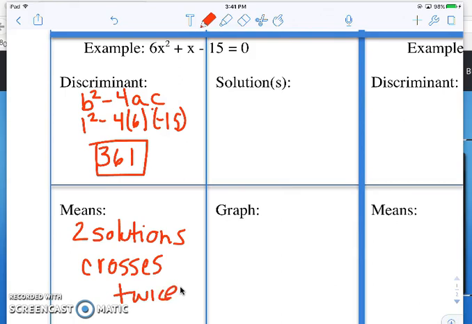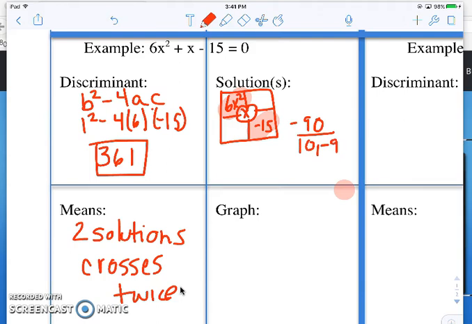So where are these solutions? So let's see, we can do a box and circle again. We'll see if this one's factorable. 6x squared, we could do the quadratic formula too. So if we multiply this, 6 times negative 15, so that gives us negative 90. So let's see, 90 and adds to 1, well that'd be 10 and negative 9.